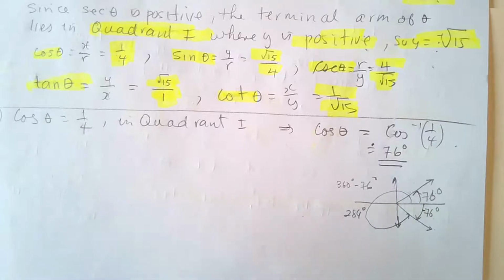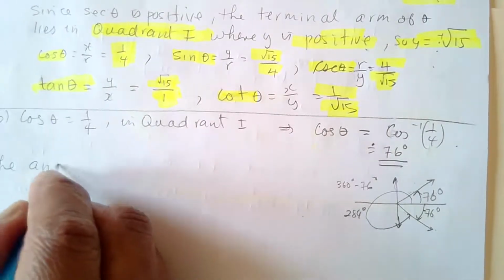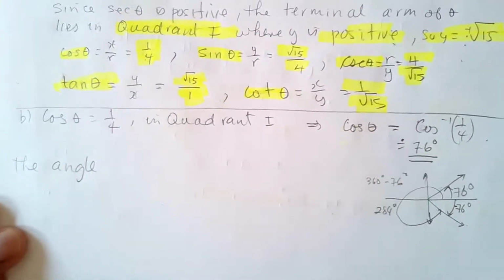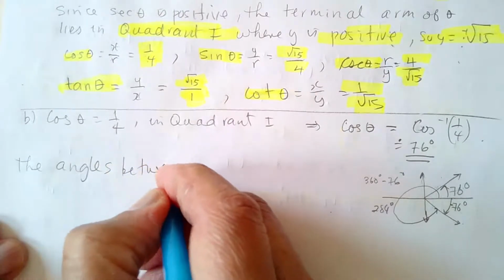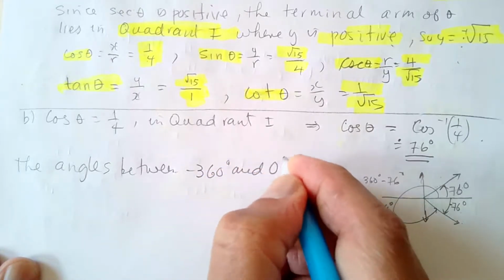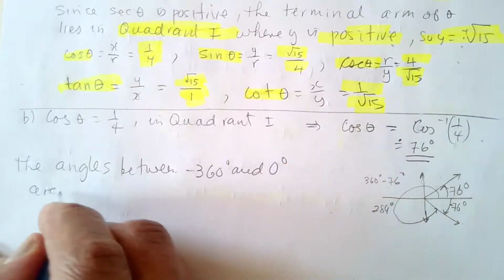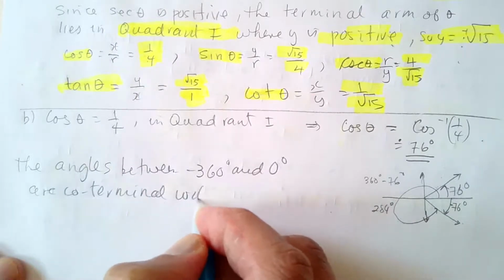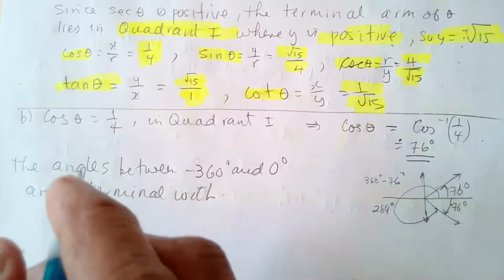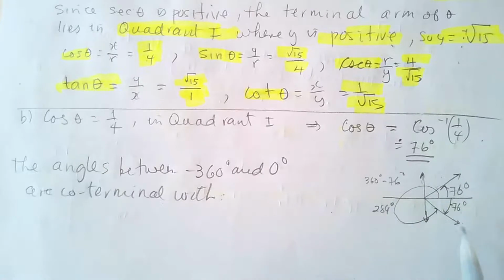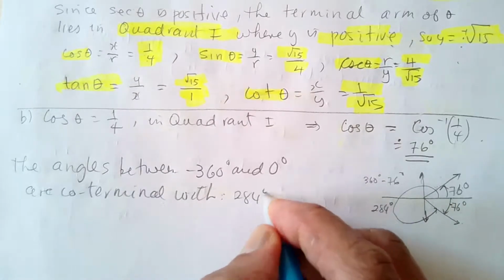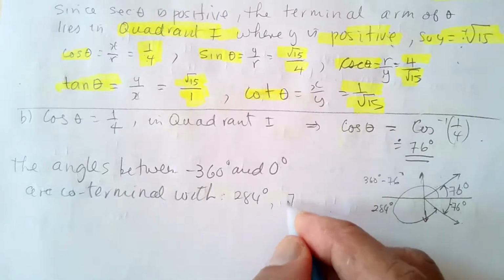So you have plus or minus. So your angles between negative 360 degrees and 0 degrees are coterminal with 76 degrees. So we have them all here: 284 degrees, 76 degrees.